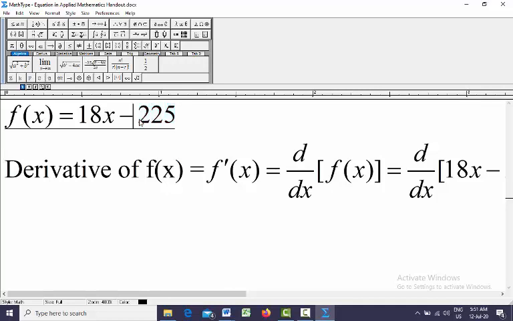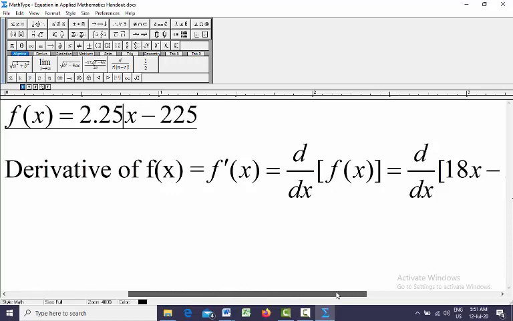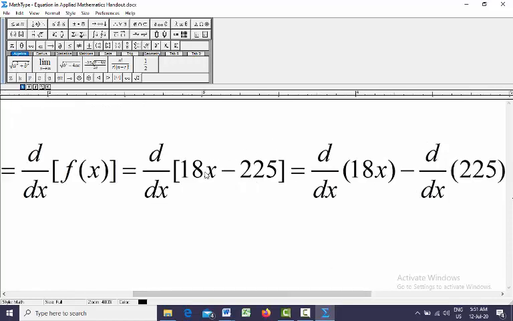So that's why the answer still remains the same. The answer will only vary based on this part. For example, if you put 2.25x, then only the answer will vary, because now the number with the variable has changed.